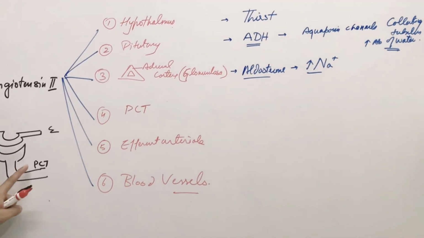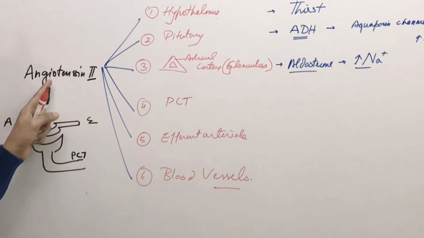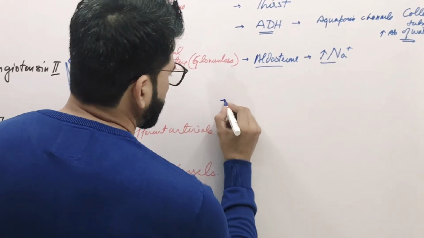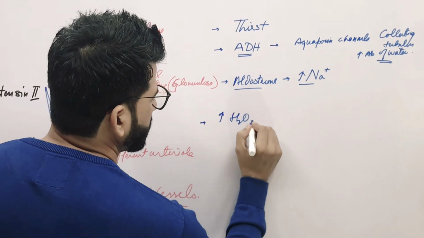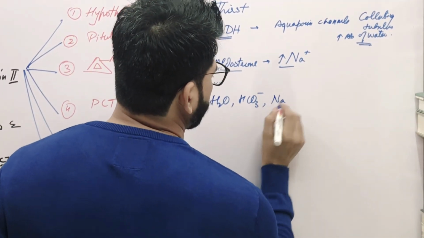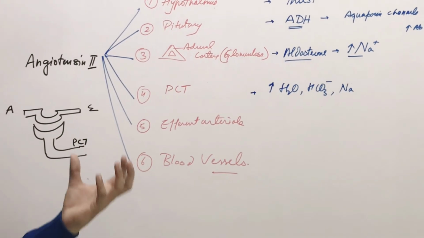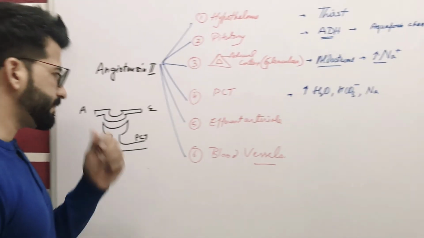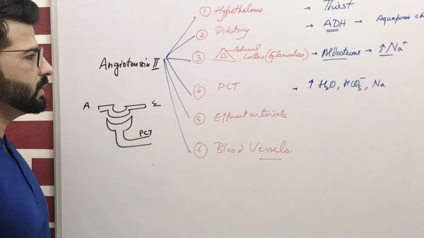PCT, proximal convoluted tubule, under the effect of angiotensin 2 will reabsorb more water, more bicarbonate and sodium. So there is less volume of fluid in the body, that is causing decrease in the blood volume.